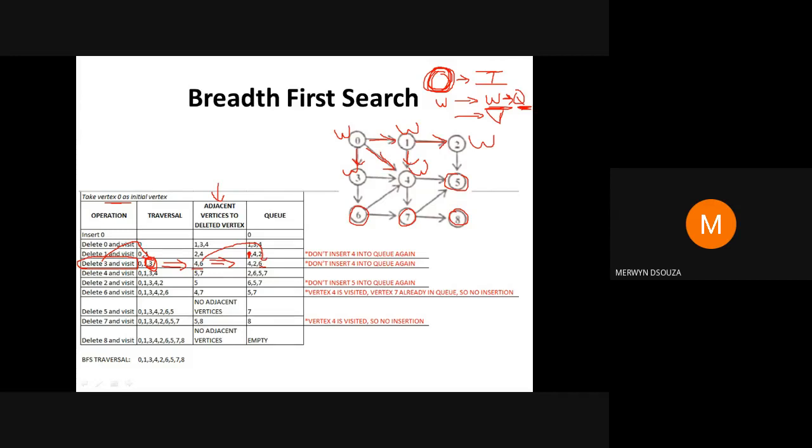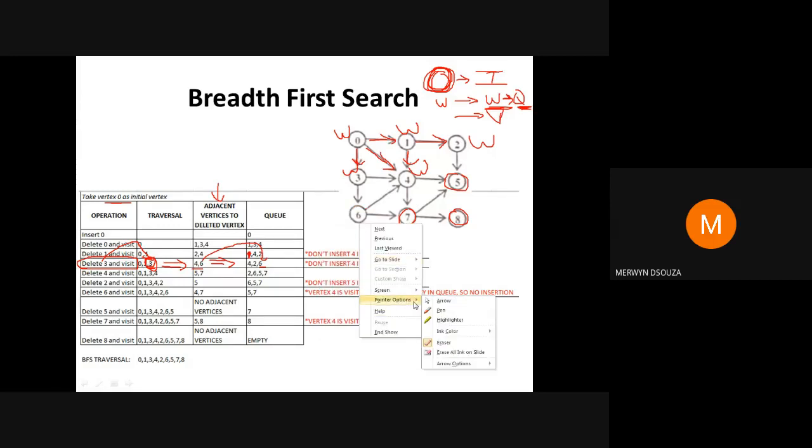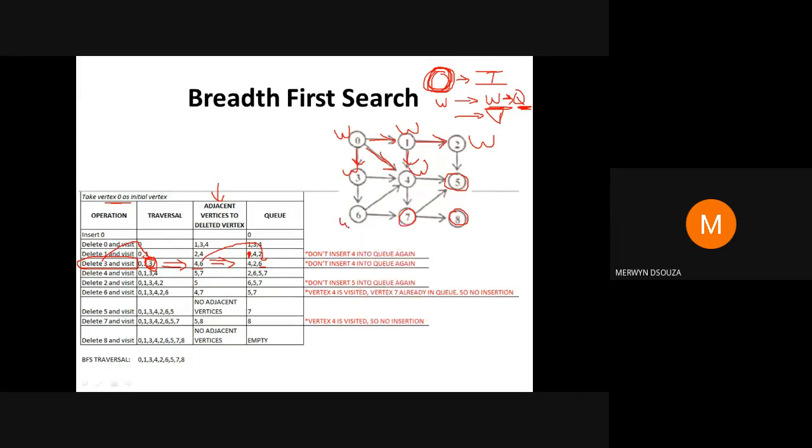After you put 6, change the state of 6 to waiting. It is no longer initial, because whenever it is in the queue, it has to be in the waiting state. And like this, you continue all the way down till the queue becomes empty.